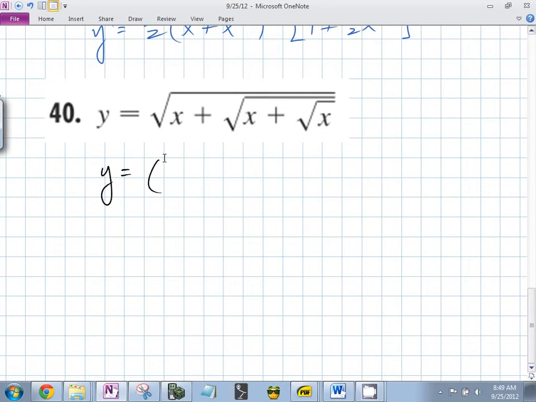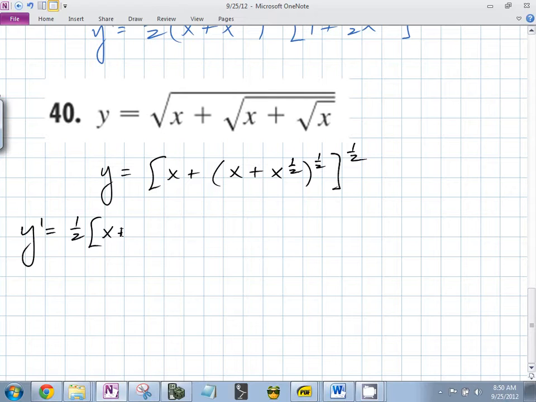Yeah, and I'll use brackets now. You end up with x plus x to the 1/2 to the... The best thing you can do is make sure you clearly write your answer. The worst thing you can do is make a mess of this by being lazy with parentheses. Y prime equals 1/2 times x plus x to the 1/2 to the 1/2 to the what power?